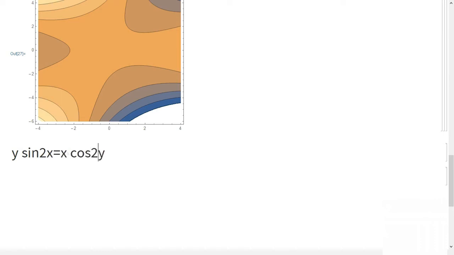I should put a space over there. And we want to know what dy dx equals. Again, this is a matter of implicit differentiation.